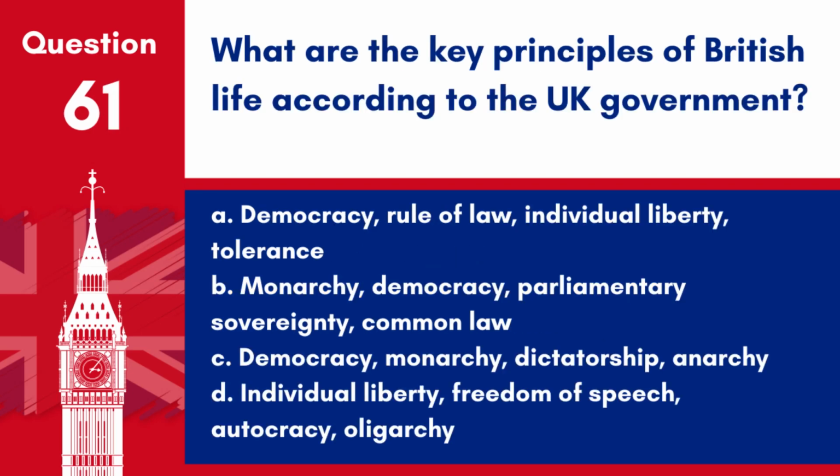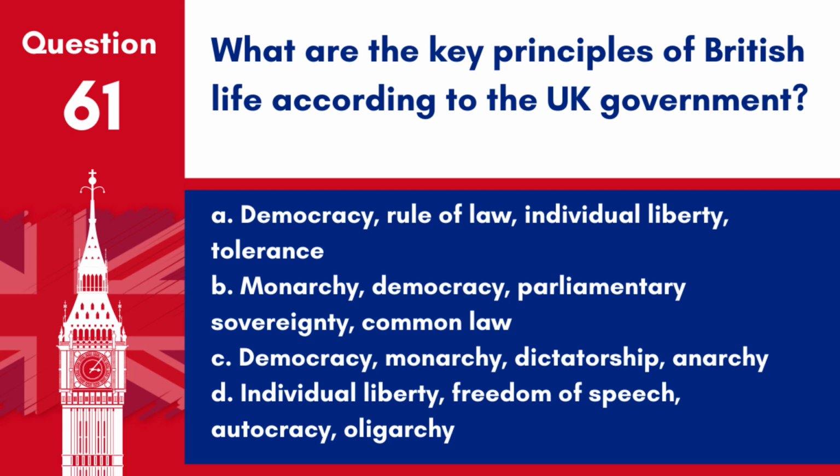Question 61. What are the key principles of British life according to the UK government? A. Democracy, rule of law, individual liberty, tolerance. B. Monarchy, democracy, parliamentary sovereignty, common law. C. Democracy, monarchy, dictatorship, anarchy.